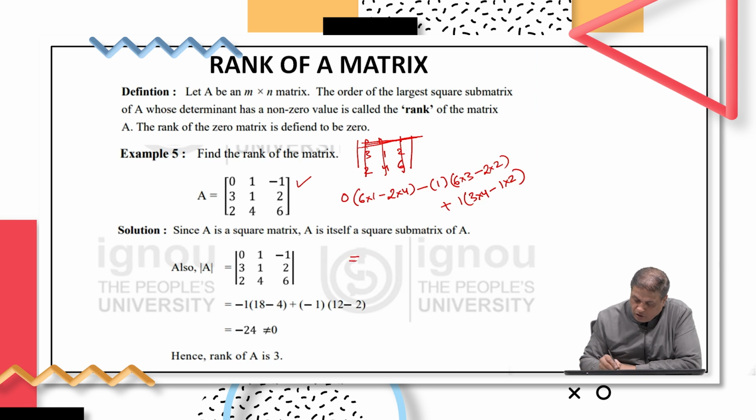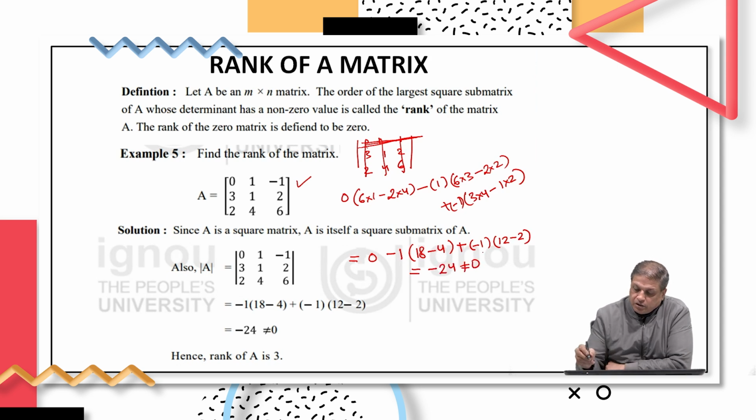So this turns out to be 0 minus 1 into (18 minus 4), plus minus 1 into (12 minus 2). So, the overall result turns out to be minus 24, which is not equal to 0.